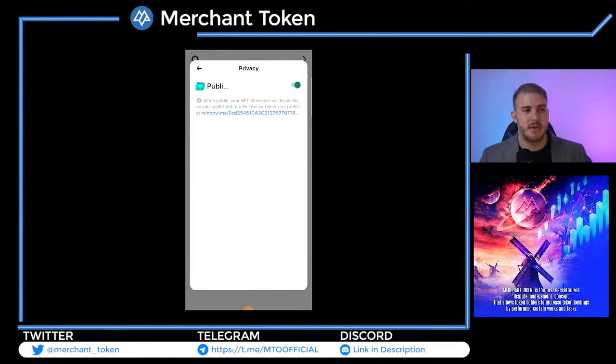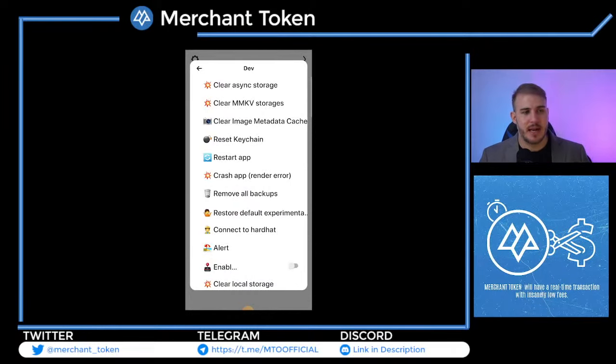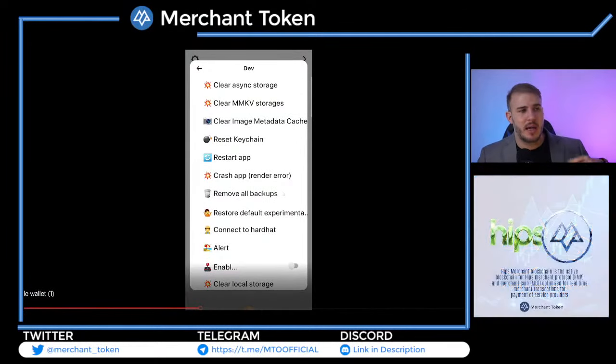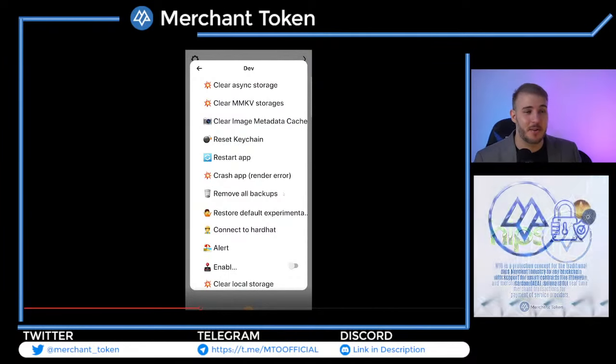And you have the privacy settings where you can decide what to do and what to add in there. There are the development settings here. You can actually see all these parts. You have clear async storage, clear MMKV storage, with some things that I'm assuming some developers out there, part of the community, will know.